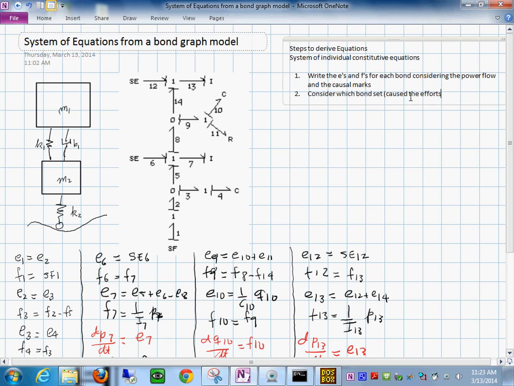The efforts. This would be for a zero junction. Consider which bond, and then go with that.